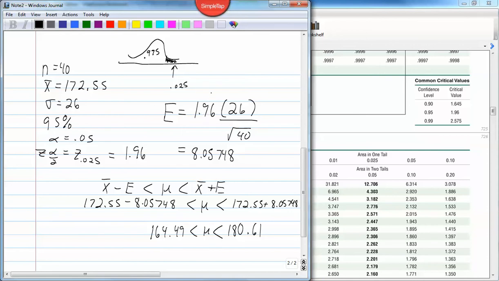Here, that is a critical Z, and that's because we know the population standard deviation.